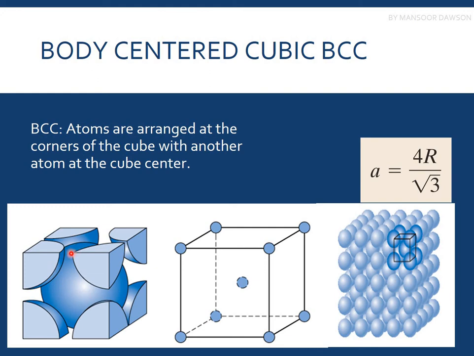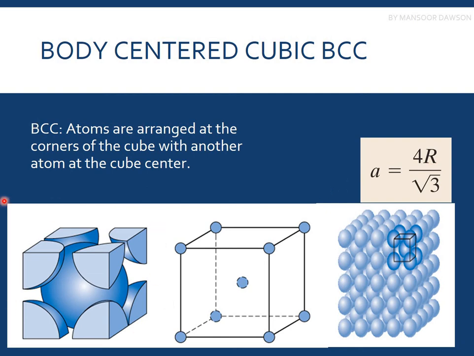So this is basically the body-centered cubic system, in which again the length, breadth, and height are the same. So we have calculated this edge length, or you can say the lattice constant a, which is equal to 4r divided by root 3.